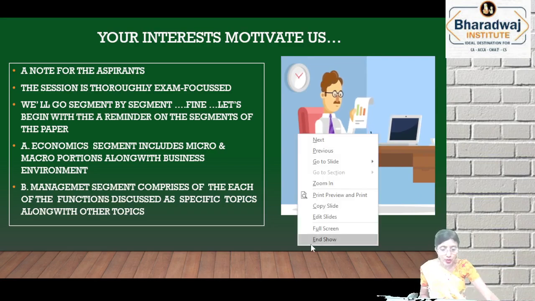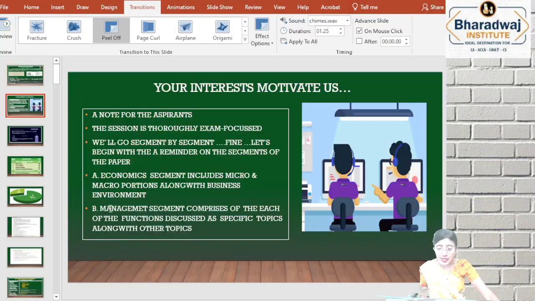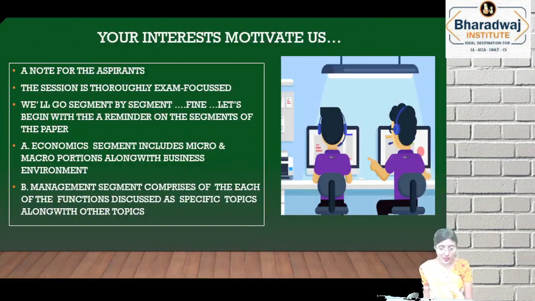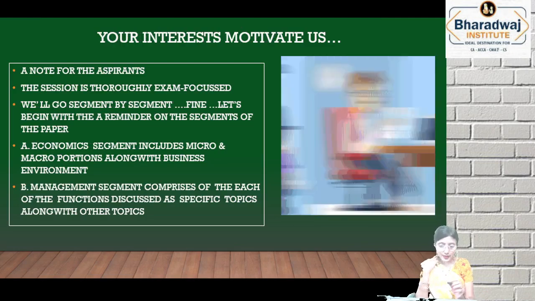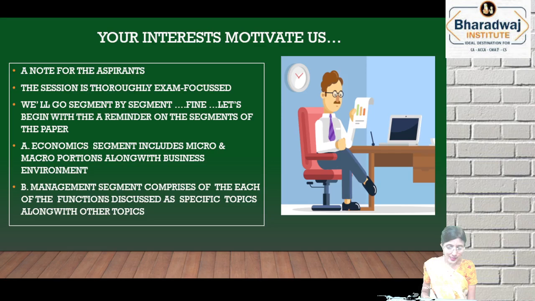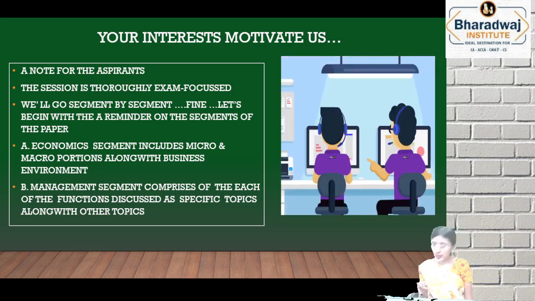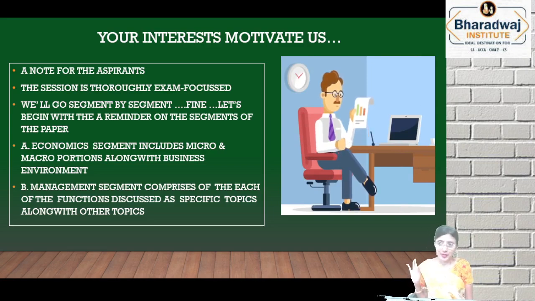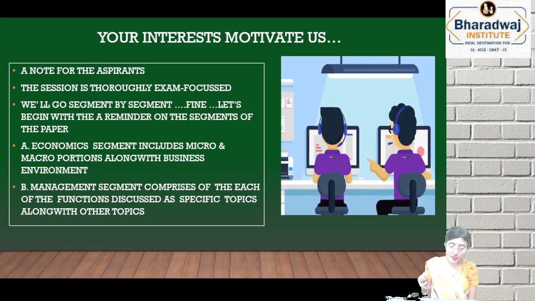But what I want to basically tell you is, where does your business environment come in, right? So that is what I told you is very, very important. So you find that in your economic segment, you have microeconomics, you have macroeconomics, you have business environment. Are you clear? So where is your business environment coming in?